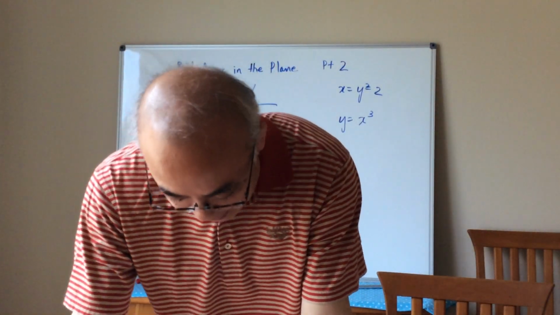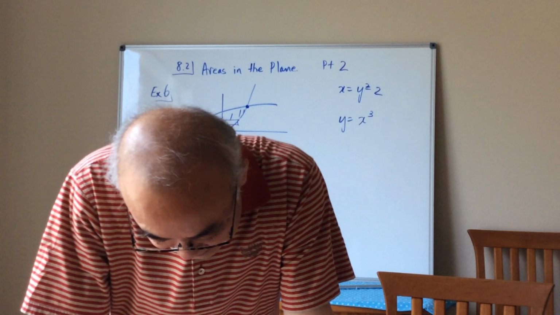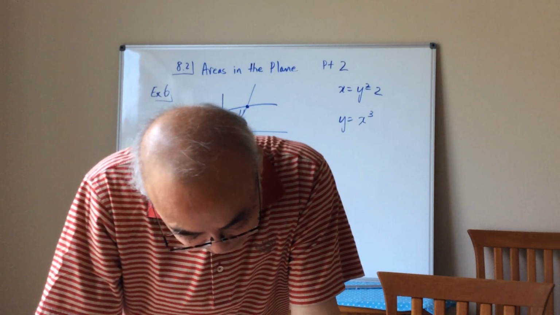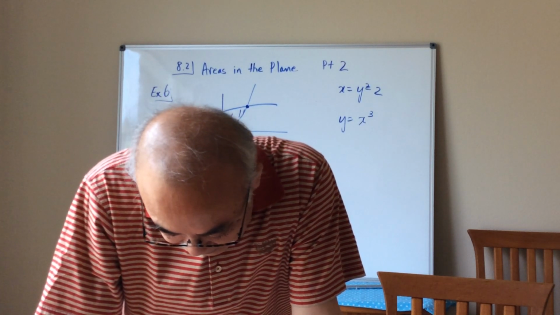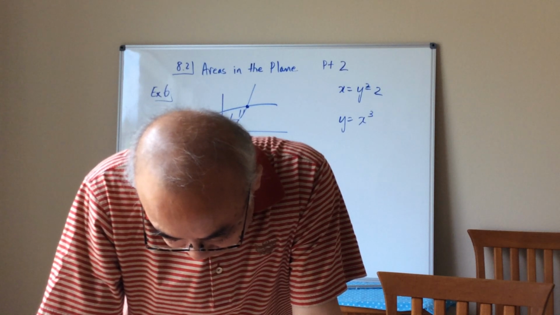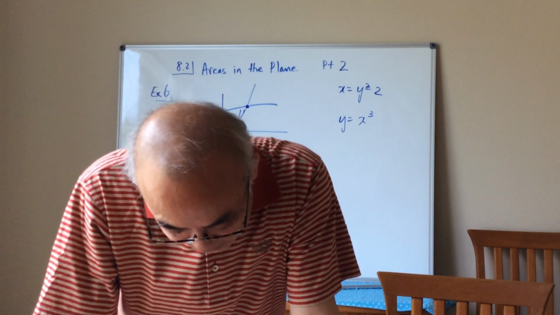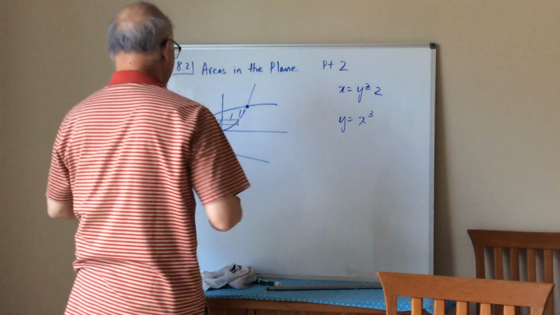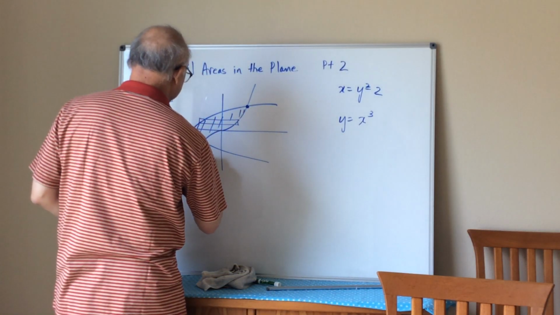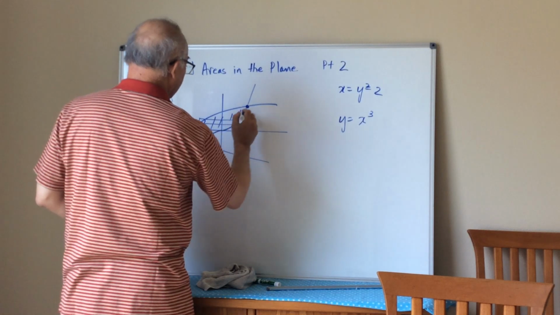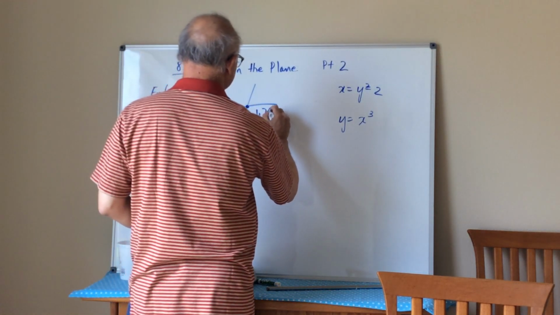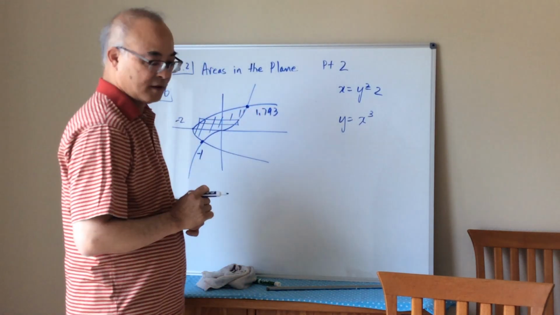And if I do that, I get negative 1 and 1.793.